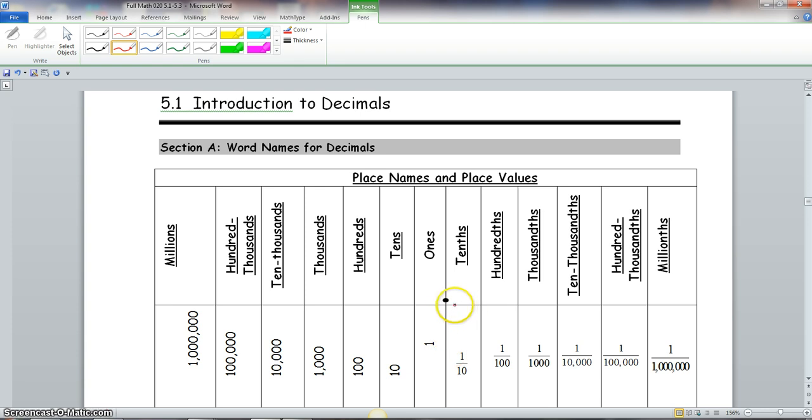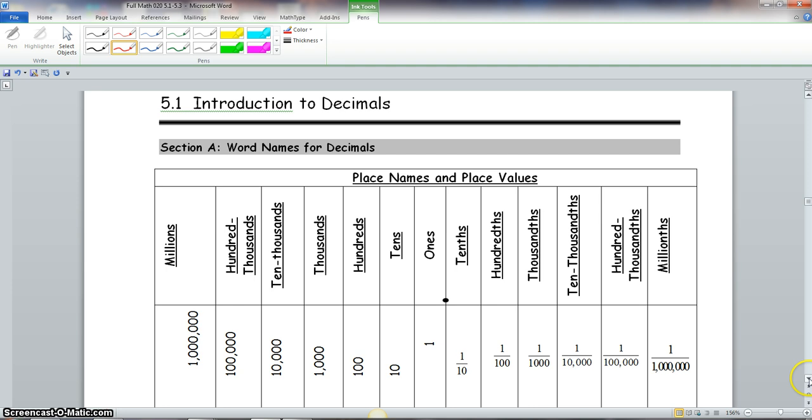Now, if you notice, behind the decimal, we do not have a ones place. We emulate basically all the other place values except for the ones place. Like tens, we add tenths. Hundreds, we add hundredths, and so on. So directly behind the decimal is our tenths place.